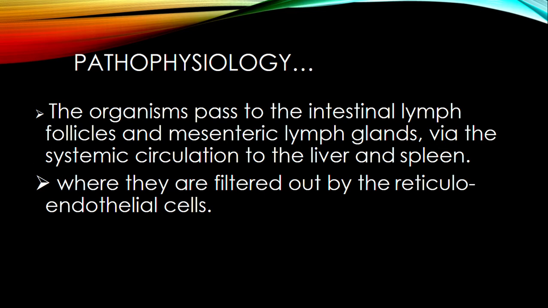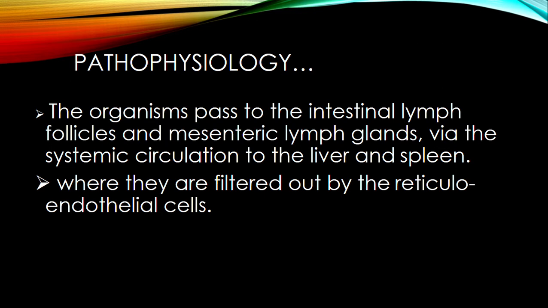Others may even go to the heart because they are in the systemic circulation, and we know that the systemic circulation may in the end involve the entire body. So the bacteria will be able to move to other organs such as the spleen, the liver, heart, causing endocarditis, causing some hepatitis on the liver, and affecting other organs.